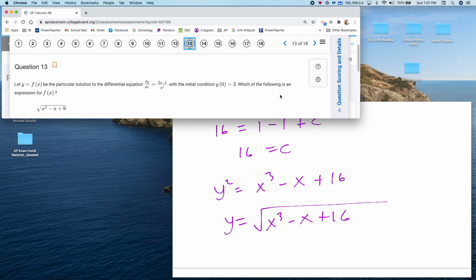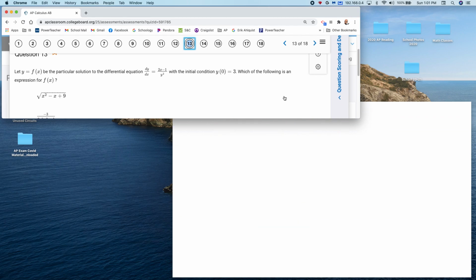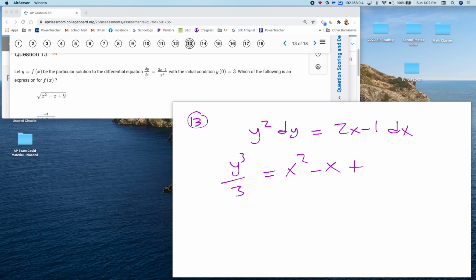Take a look at 13. Same idea. You're going to get a lot of practice on this, and hopefully this makes some sense. But with 13, if I separate these variables, I get y squared dy is equal to 2x minus 1 dx. So y cubed over 3 is equal to x squared minus x plus c. The point I got is 0, 3. Plug that in.